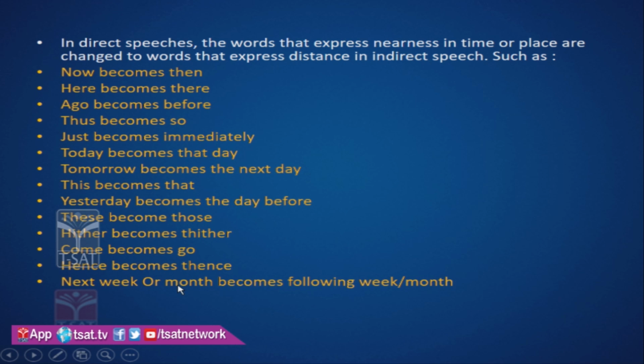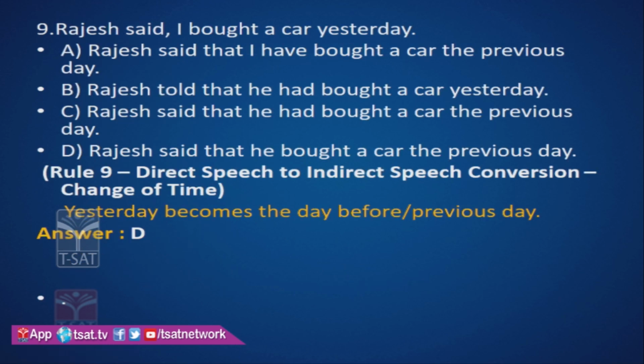Next week or next month becomes following week or following month or following year. So, here we have used following year in this example. Let us look at the next example.